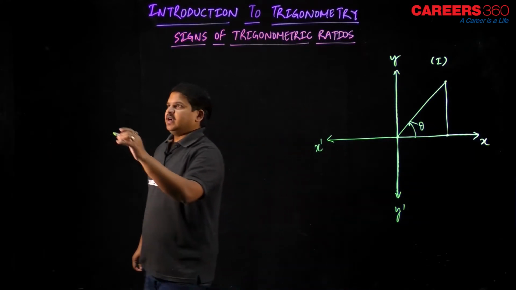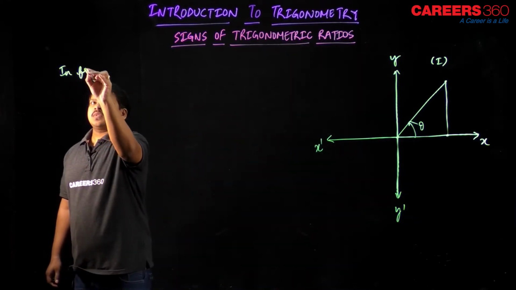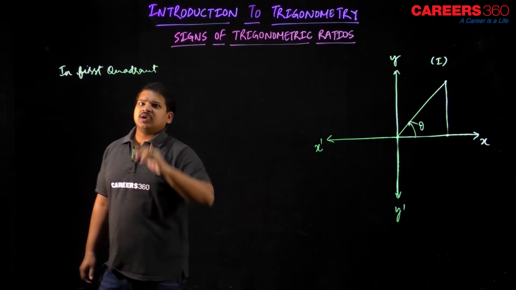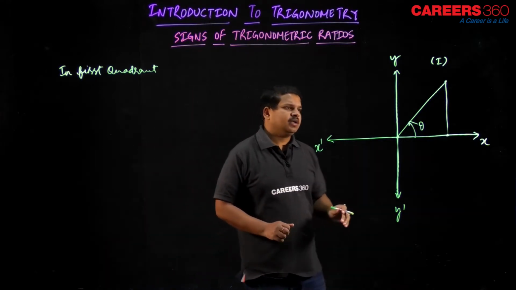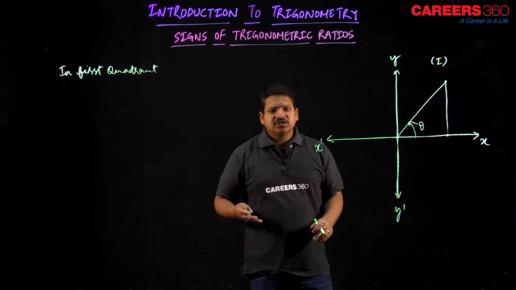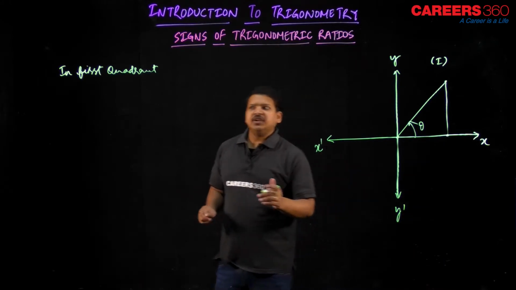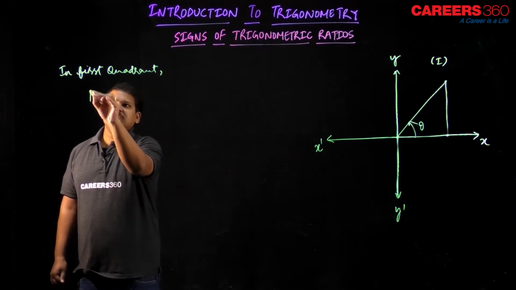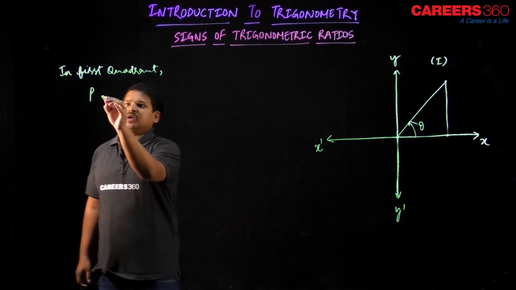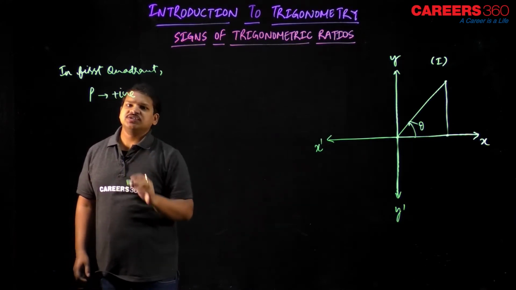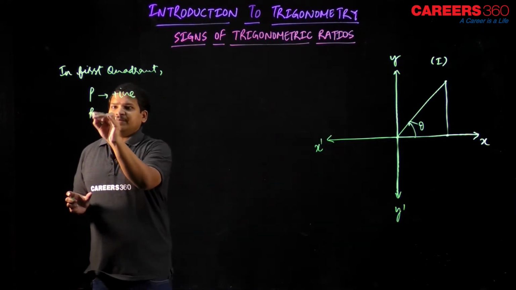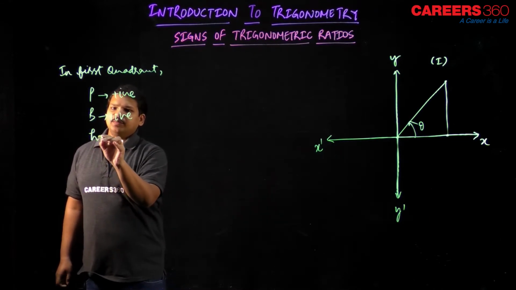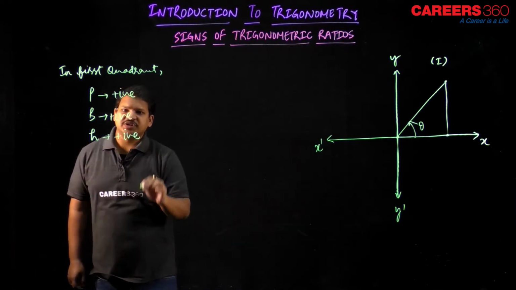So in the first quadrant, if I talk about sin theta, cos theta, tan theta, all of the trigonometric ratios, since P, the perpendicular, is positive, similarly base will also be positive, and the hypotenuse will also be positive, right.